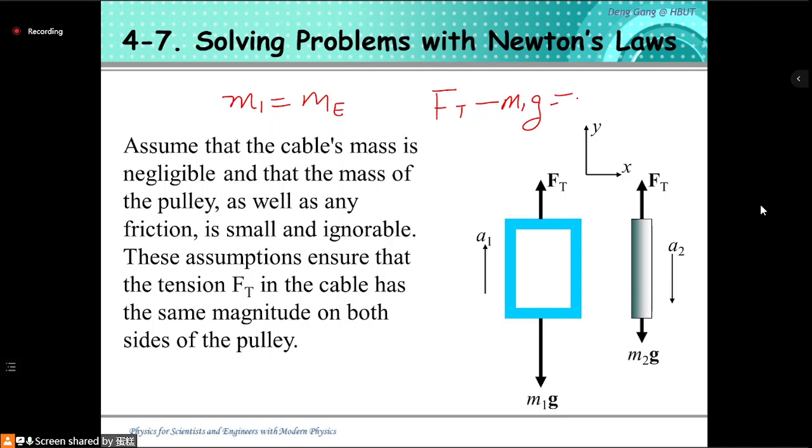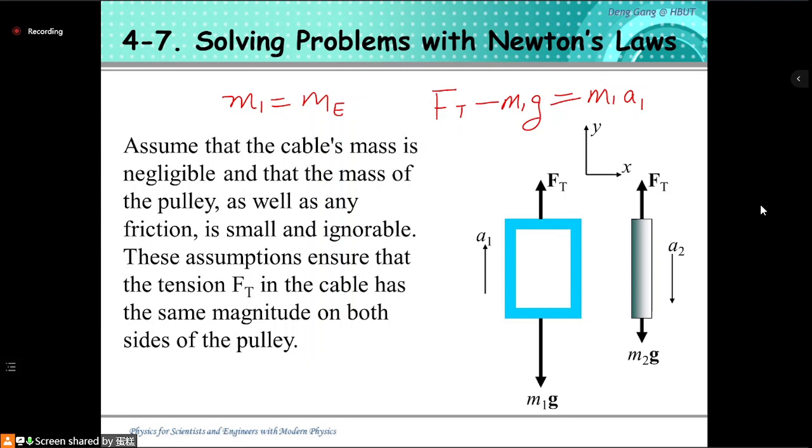So it should be equal to, if the acceleration is upward, moving up, m1a1. m1a1 is positive because it's in the positive direction.